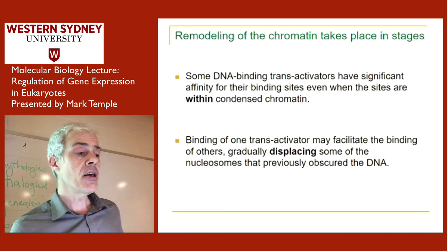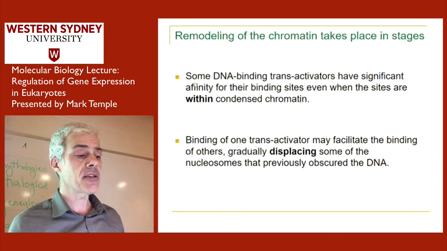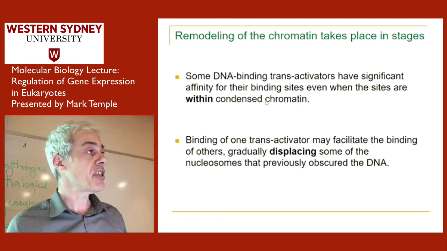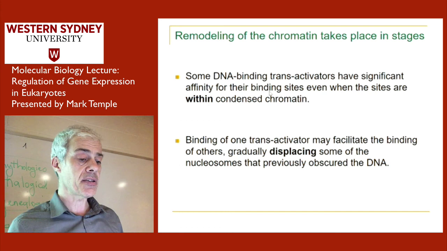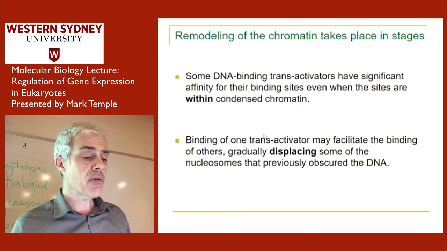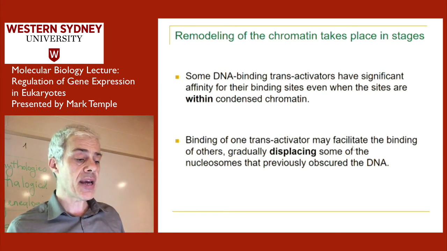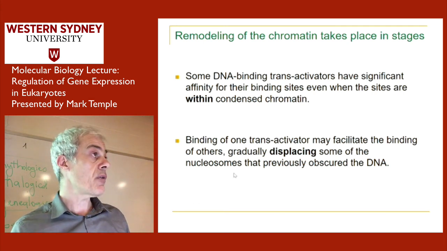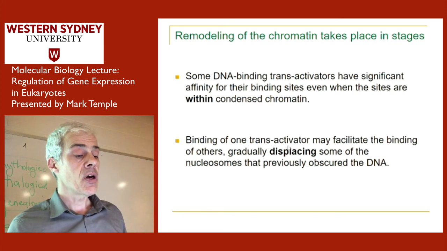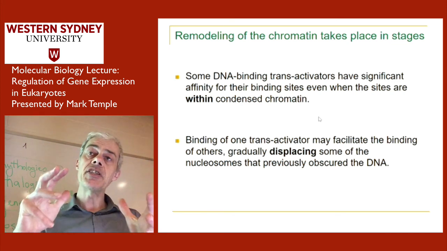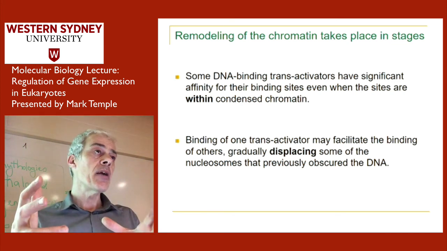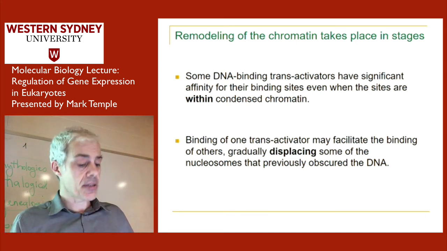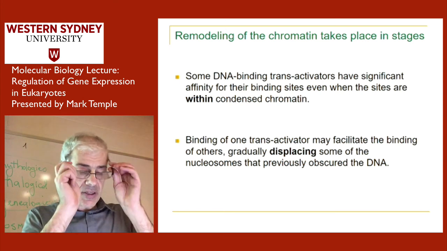Some of these transcription activators can displace and start to open up the chromatin for other transcription factors to come in. So the binding of some of these transcription activators may then facilitate binding of others, leading to the gradual displacement of the nucleosome. If you think about it, there's a certain affinity that the nucleosome has for the DNA, but there are some other factors that can bind more strongly to DNA and start to displace the nucleosome and allow other things to come into play.